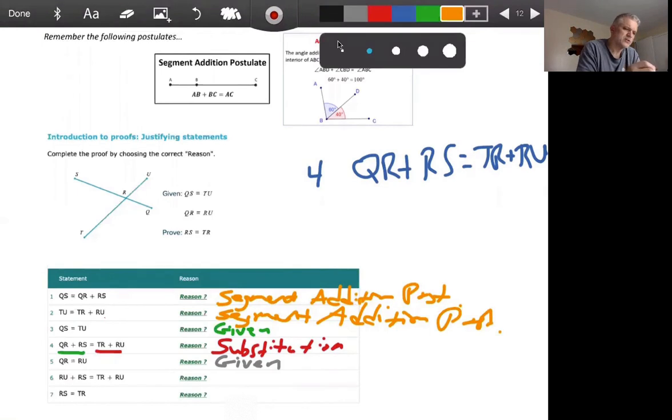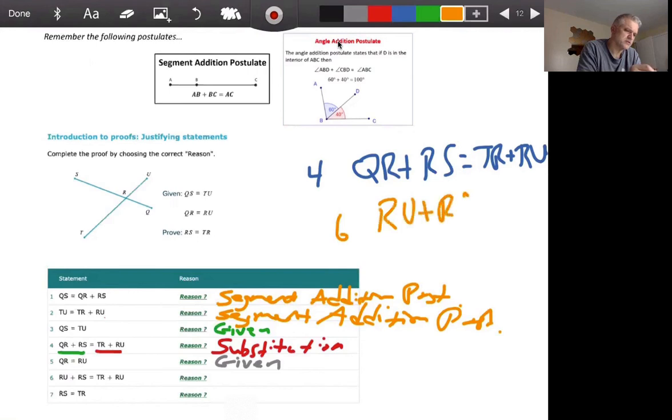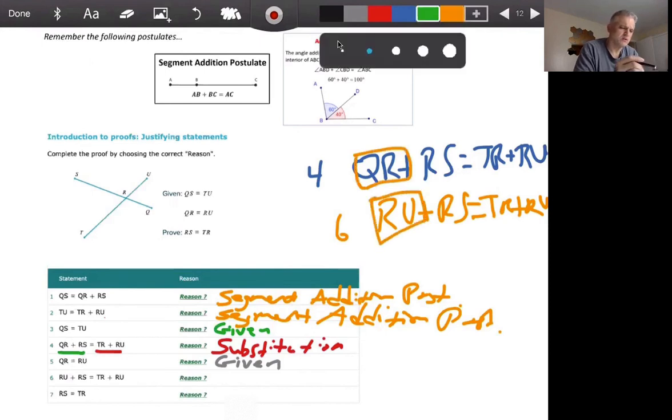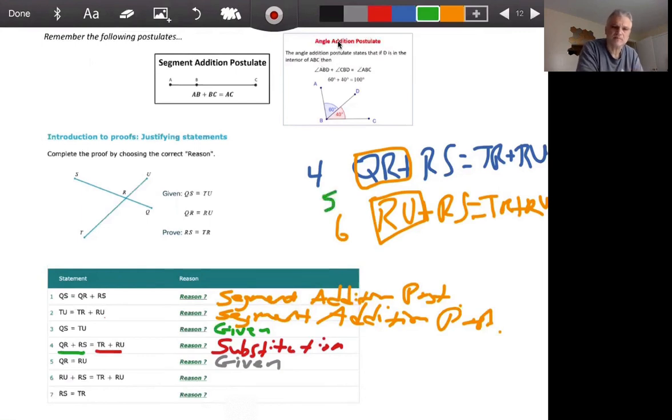Okay, now look at the difference between 4 and 6. 6 says RU plus RS equals TR plus RU. So statement 6 is almost identical to statement 4, except instead of this QR, it turned into an RU. Well, look at statement 5. What did statement 5 say?